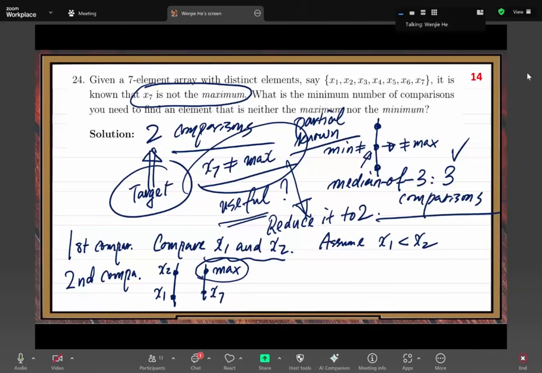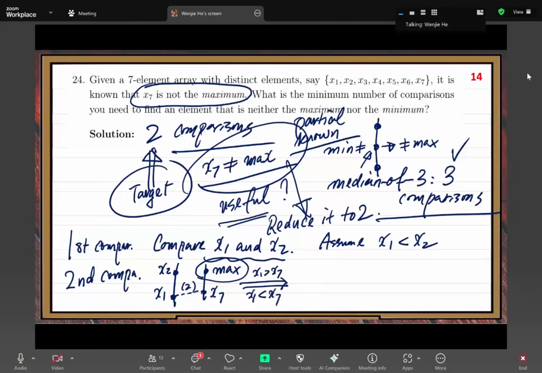Then our second comparison, we apply between x1 and x7. Then there are only 2 cases: one case, x1 greater than x7; another case, x1 less than x7.